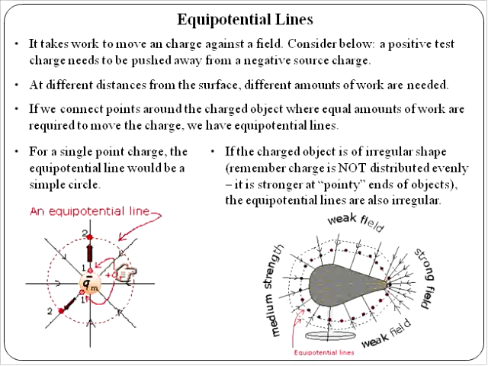But if you look all around this dotted red line, moving it from the surface of the charge out to there is the same amount of work anywhere around that charge because that field is uniform around that charge. So what we call that is an equipotential line, or a line of equal potential energy.